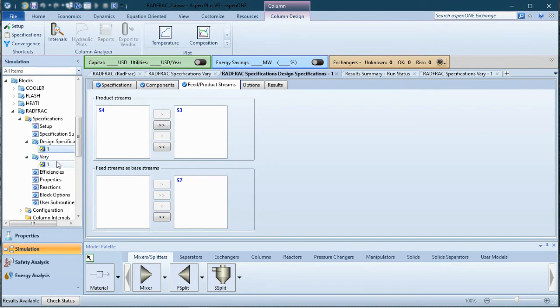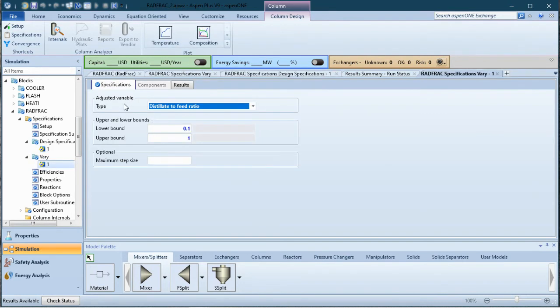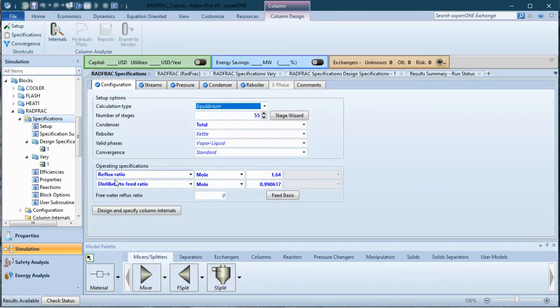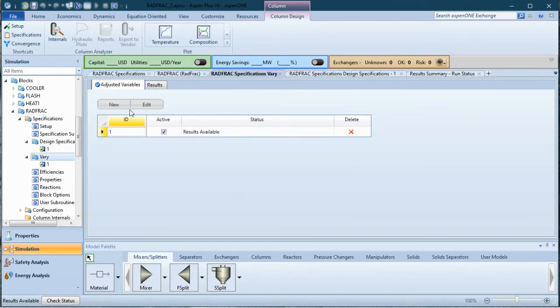And then we key in the vary, which is the manipulated or adjusted variable. We choose between the specification that we put in the configuration, either reflux ratio or distillate to feed ratio. So for me, I choose distillate to feed ratio for the vary.